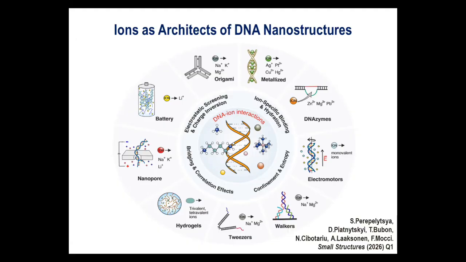We prepared this review where we highlighted these properties of DNA with ions, which can be used in different applications. And today I will tell you in brief about some applications of DNA in batteries and also as metallized DNA, so the ions which are embedded inside the double helix.